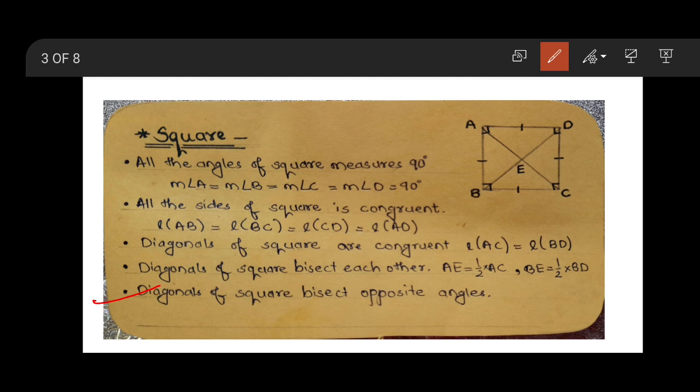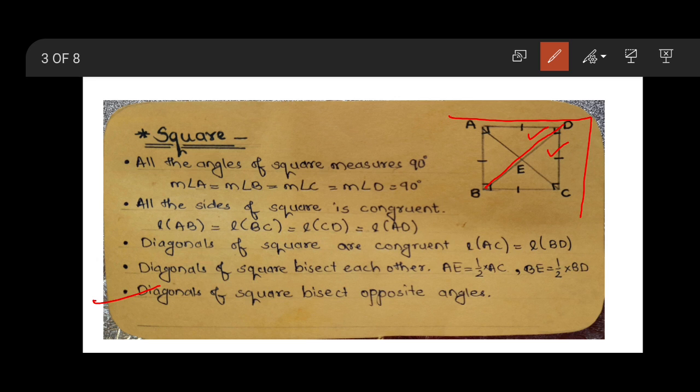The next is, diagonals of a square bisect opposite angles. If we talk about diagonal BD, it bisects the opposite angle, the angle ADC. It has bisected. It means two angles are formed which will be half of the main angle.